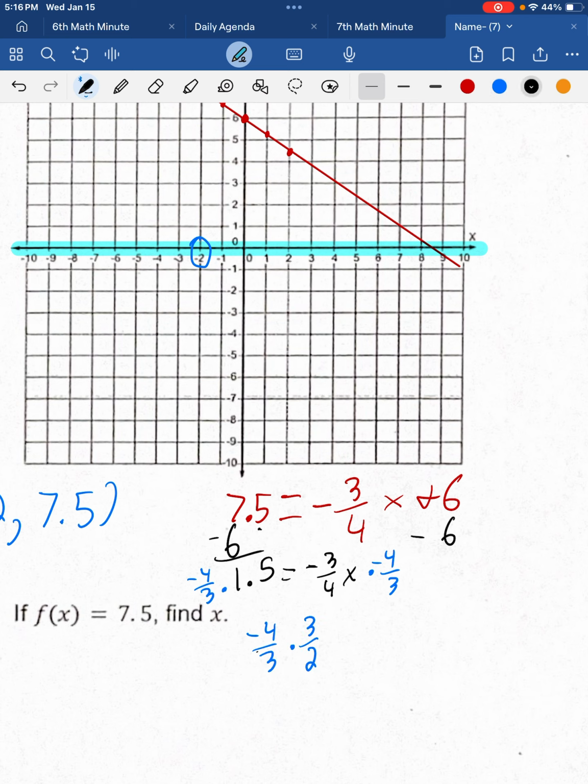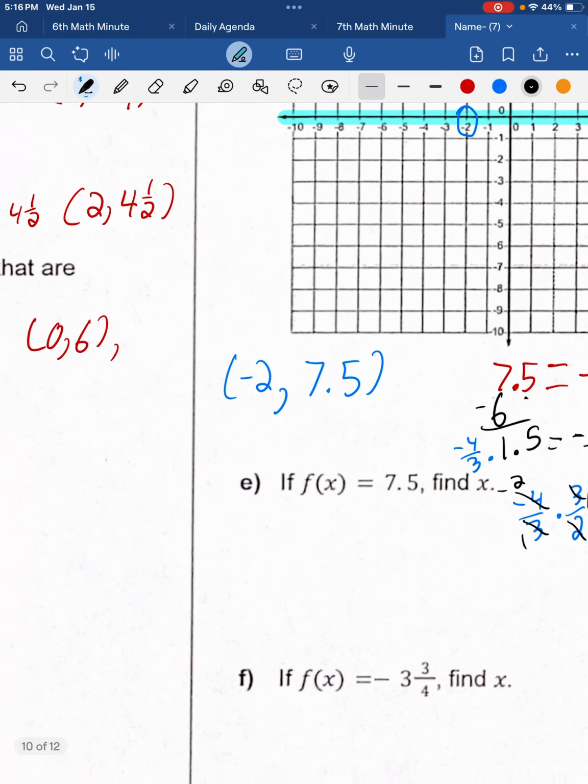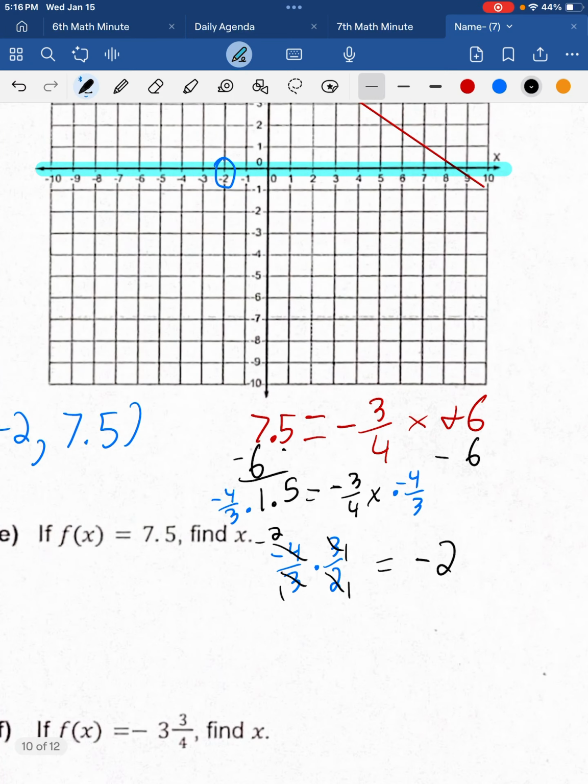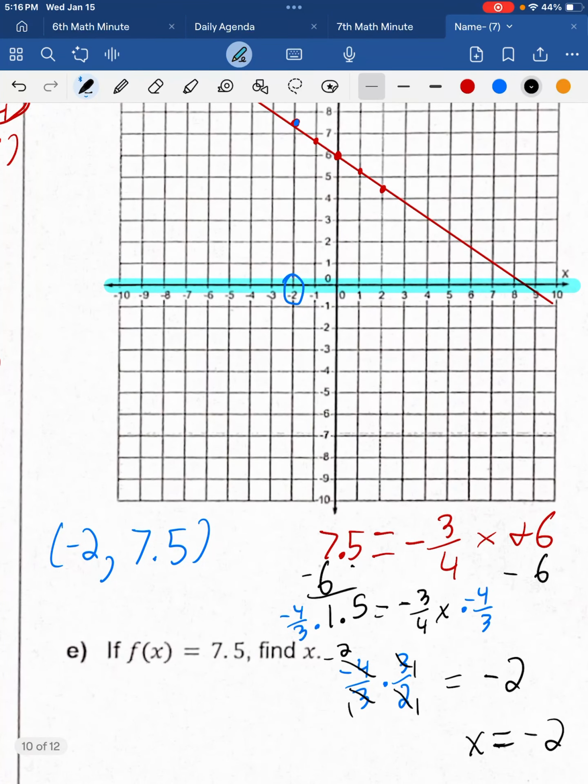We can cross reduce. That'll be a -2 over a +1. So we end up with -2 as an answer. So x is going to equal -2. And that's exactly what our line said right up here.